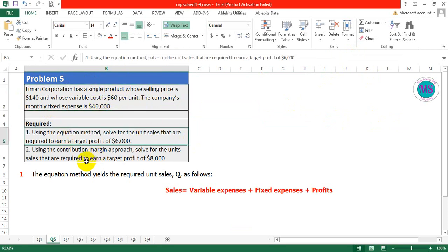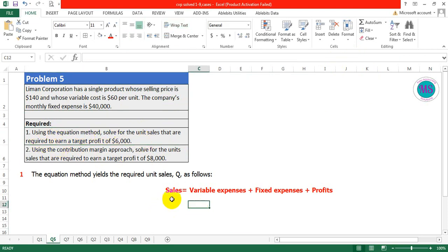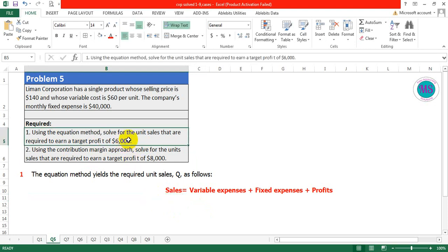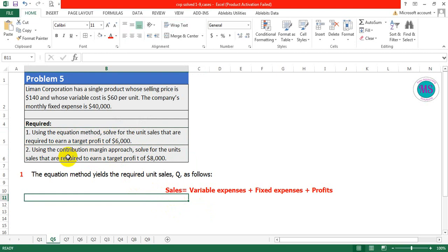Using the equation method, solve for the unit sales required to earn a target profit of 6,000. Here we are not calculating the break-even quantity or break-even units, so we do not write 0 for profit. The sales is $140 times what we want to know, Q quantity.